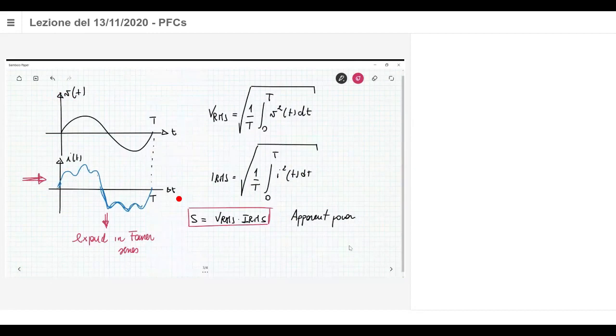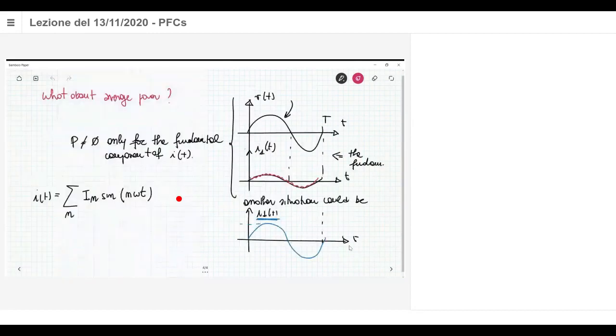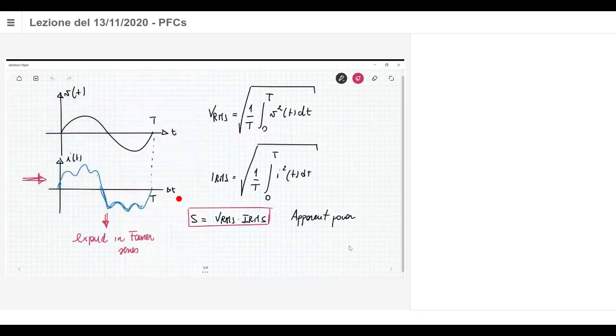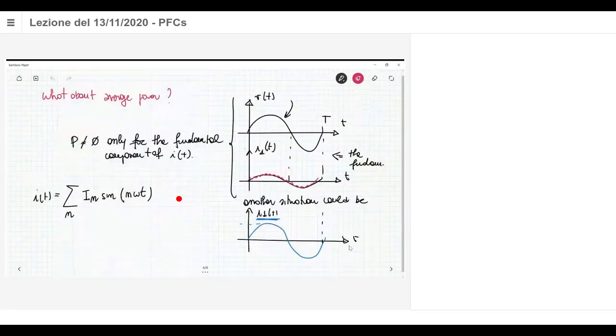So, in order to understand the ratio between the total possible apparent power, the product of the root mean square value of the voltage and the root mean square value of the current, as I previously defined with the term S, and the average power that you can extract from the circuit, a useful parameter is defined as the ratio between the average power and the apparent power.